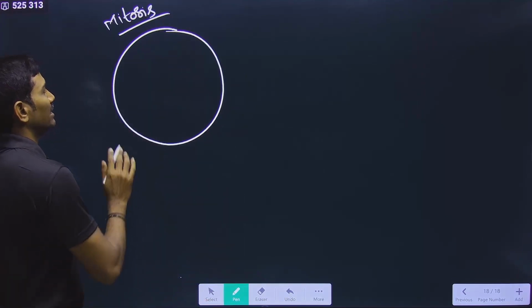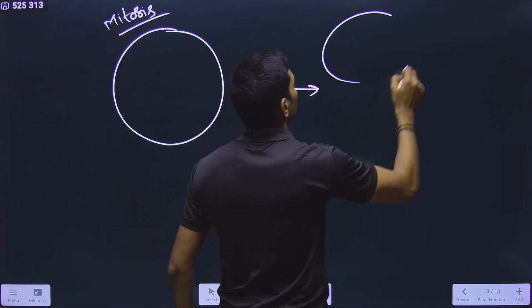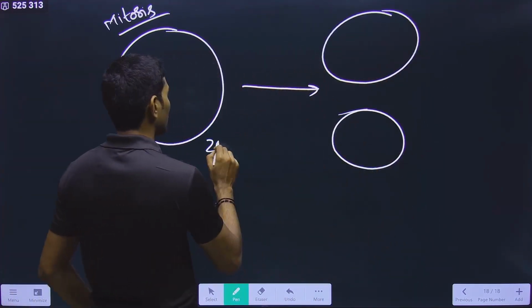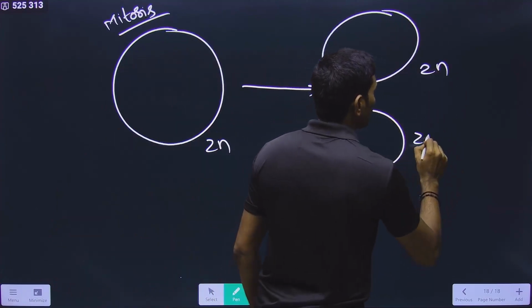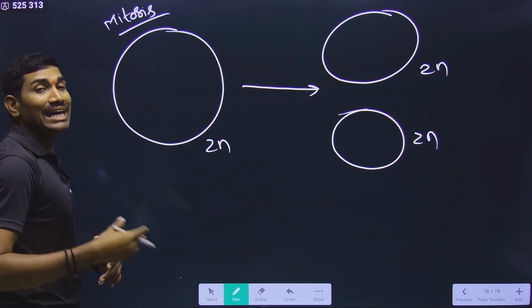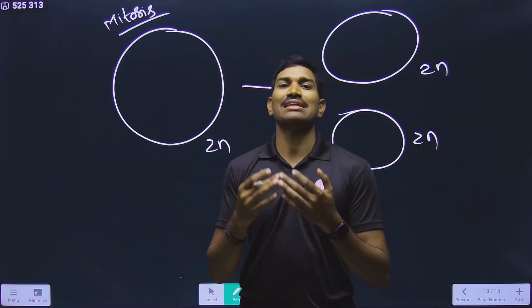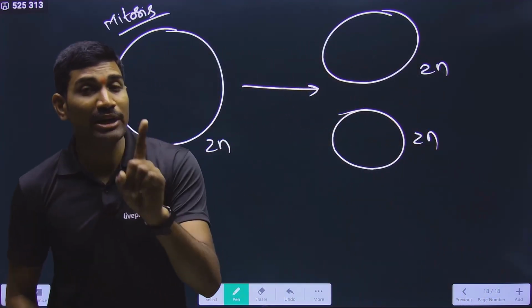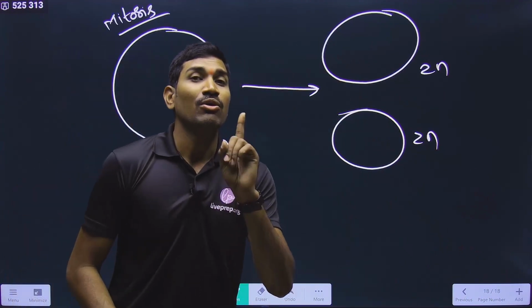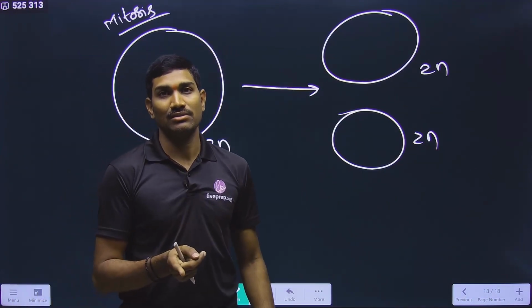In mitosis, what happens? This is for the single cell, right? And now it will form two daughter cells. Suppose it is 2n, and these are also 2n, 2n. But in this parent cell only, the mitotic apparatus, the spindle apparatus, is formed. What is one mitotic apparatus? I told you already. Two spindle poles plus spindle fibers combined.